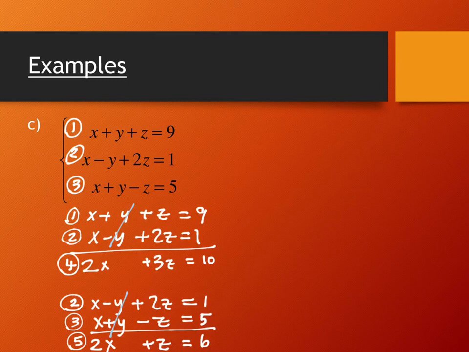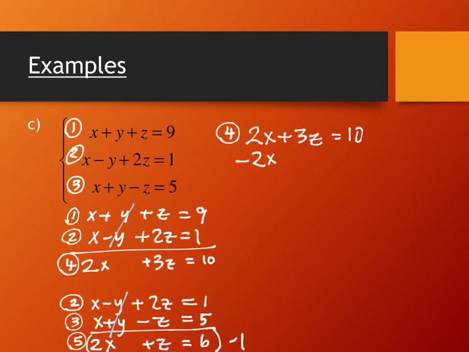Now, looking at my equations 4 and 5, what do you want to eliminate? X. Either one's not too bad. X is kind of nice because the numbers already match, it's just the sign that I would need to mess with. So if I leave equation 4 as is, it's 2x plus 3z equals 10. And if I take equation 5 and multiply it by -1, it'll change all my signs.